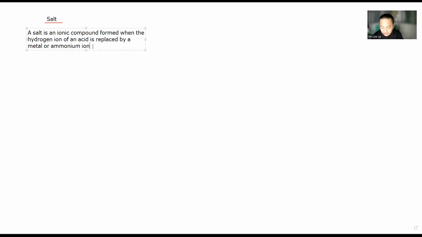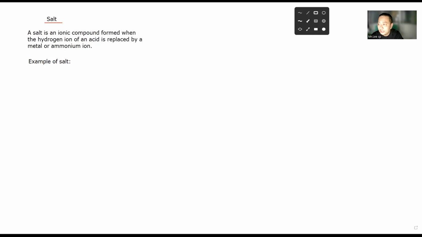So what is the example? How do I know whether it is salt or not? Very easy. For example, we know acid, HCl. If this hydrogen ion is replaced with any metal, then it is called salt.